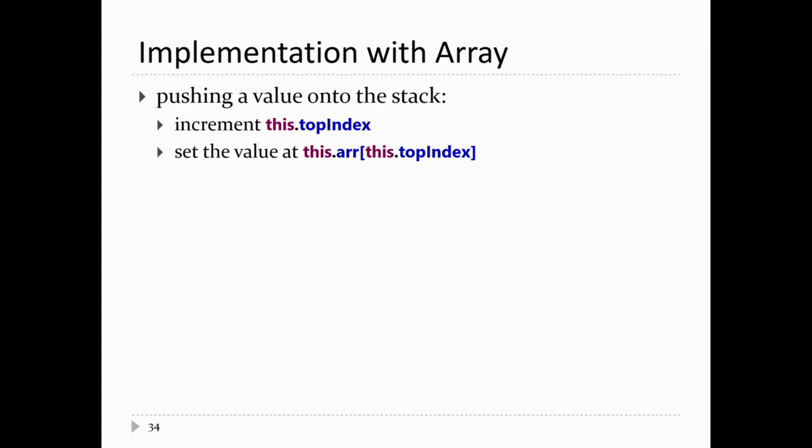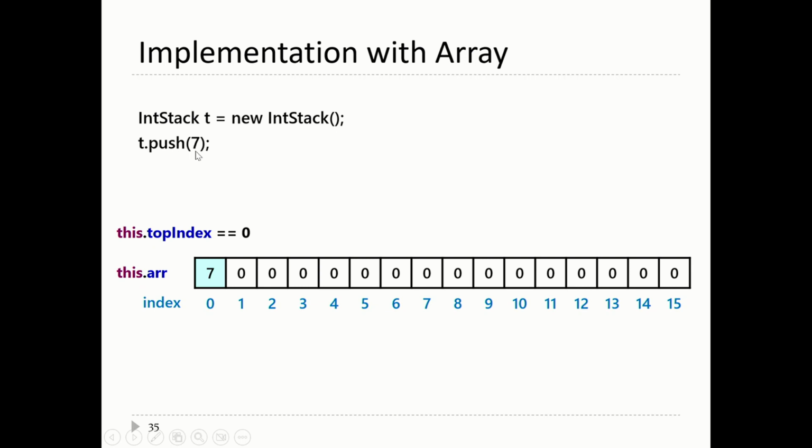To push a value onto the stack, well, you know what to do. You increment the top index by 1, and then just set the array element to the pushed element. So I'm going to push 7 onto the stack. Top index becomes 0. Put a 7 into the array. Push a -5 on, top index becomes 1. Put a -5 into the array.